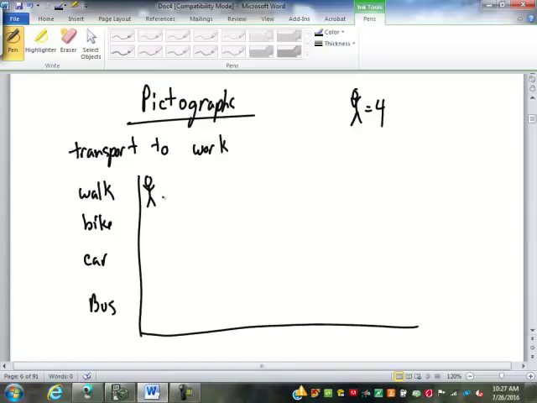one little person equals 4 people that responded that they walked to work. What's that mean? Half, yep. So 1, 2, 3, 4 times 4 would be 16. That looks like it's probably about 18. Again, that might be a fourth of a person, who knows. Biking.